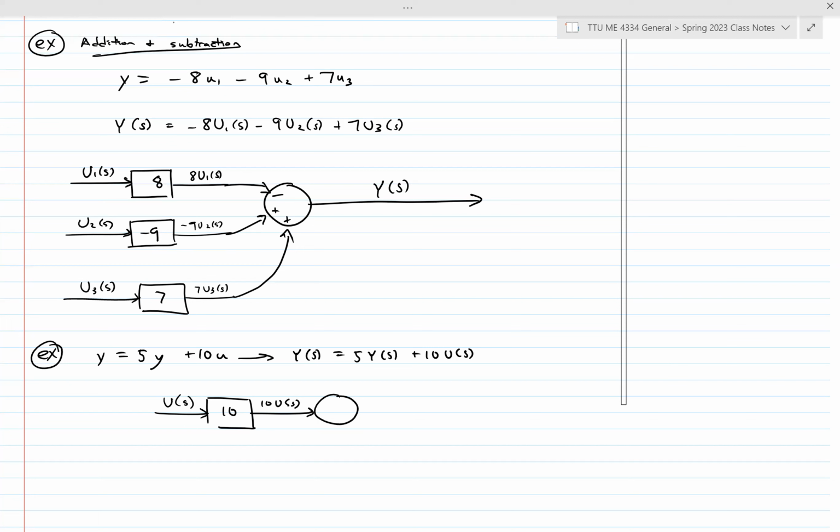All right, I think somebody else said a circle as well there, right? Okay, what's going into this circle? We want to match this equation here. Probably a plus right here, right? And then do we have something else that we maybe want to add to this summer? What do we want to come out of this summer? Let's put it that way. Probably Y of S, right? So how can we make that happen?